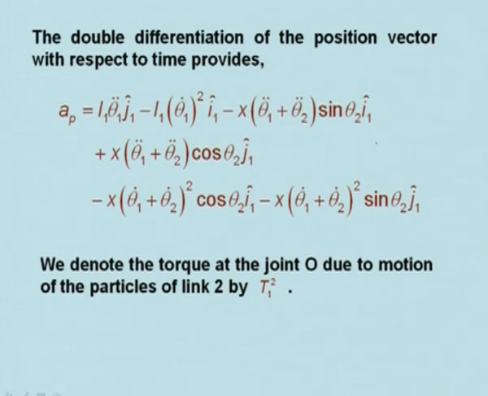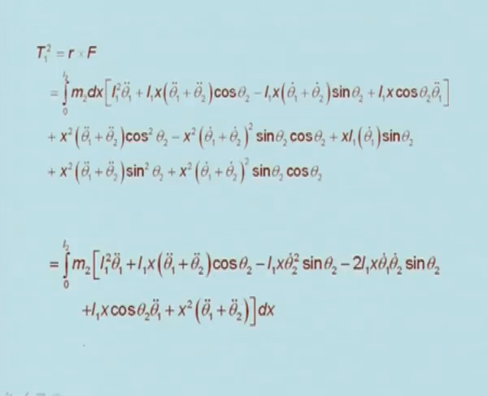So we denote the torque at the joint O due to the motion of the particles of link 2 by T12. Therefore T12 is equal to R cross F, a cross product, where F will be basically m2 dx times the acceleration, and we have to take the cross product.